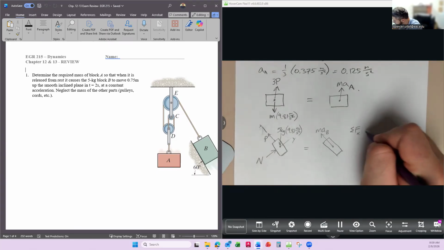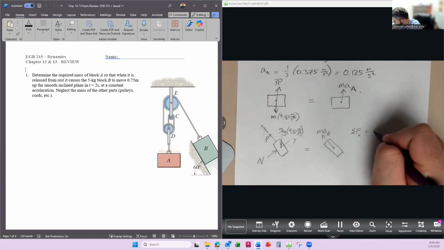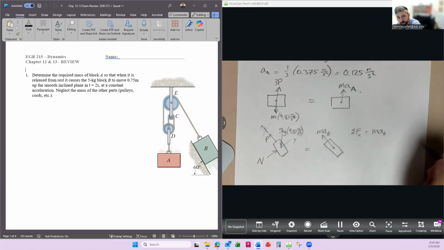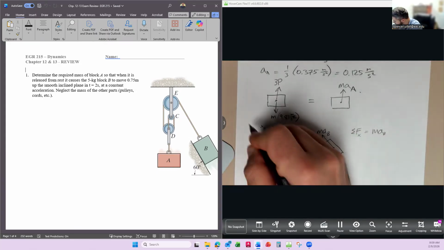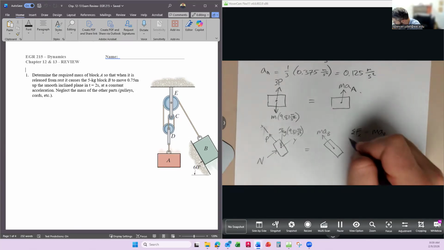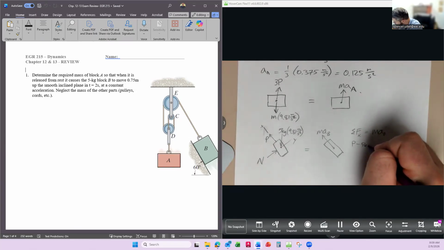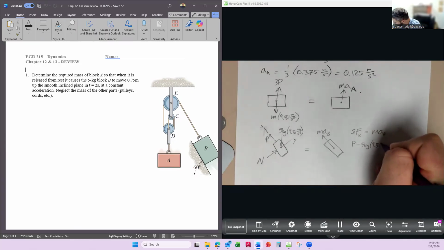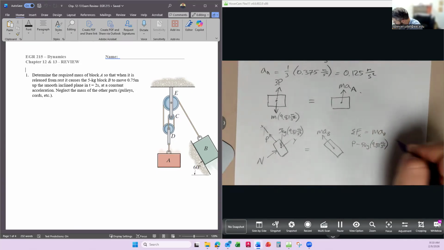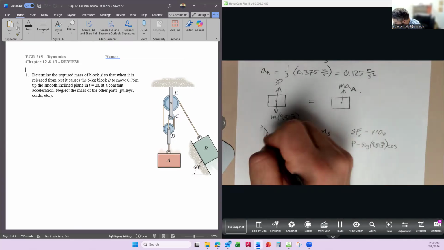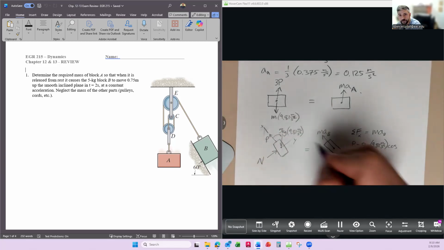And if I sum the forces in x, I've got equal to M A_B. In the x, I've got positive P, and I've got a negative 5 kilograms times gravity cosine of whatever that angle is. So we need that angle.